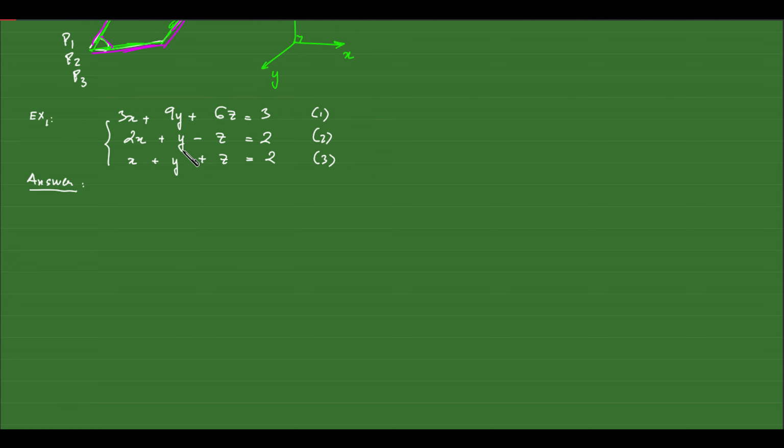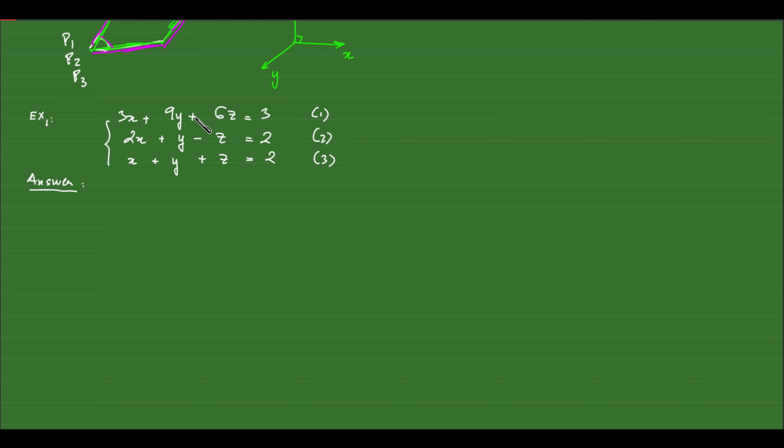Then we can solve for y in terms of x, and plug in over here. So in this one we can eliminate first, then substitute later. We can do both methods at the same time.